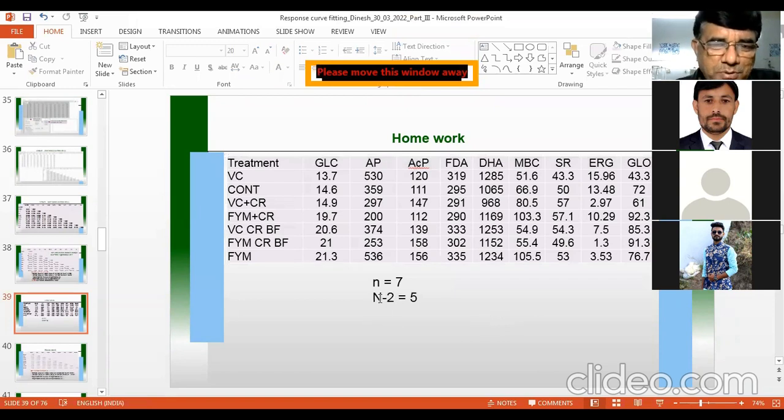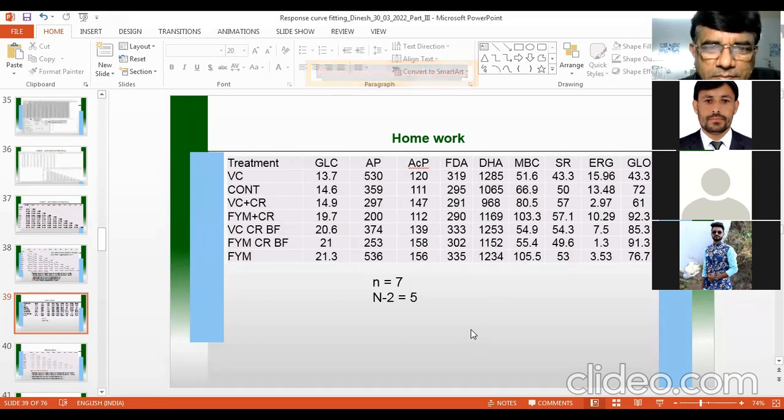And n minus 2, you remember, it is always n minus 2 for seeing the R table, the correlation coefficient table. So will you be able to do it or not? I don't know. Sir, from this data, we only have to calculate the correlation value? Yes, this is the correlation between any two variables.